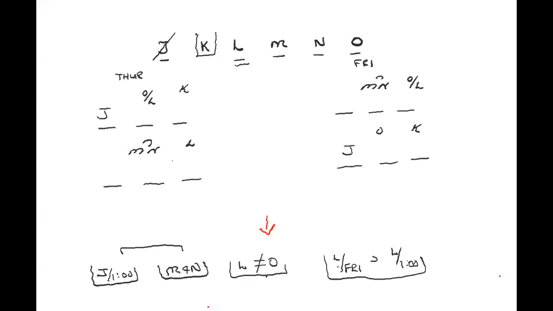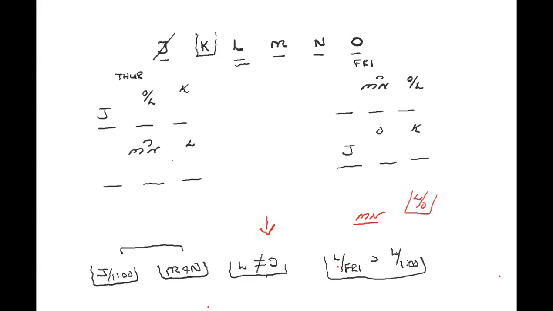What do I know? If you stop for a second and you say, what do I know? Well, I know M and M are on the same day, right? Now, they want me to keep L and O on different days.